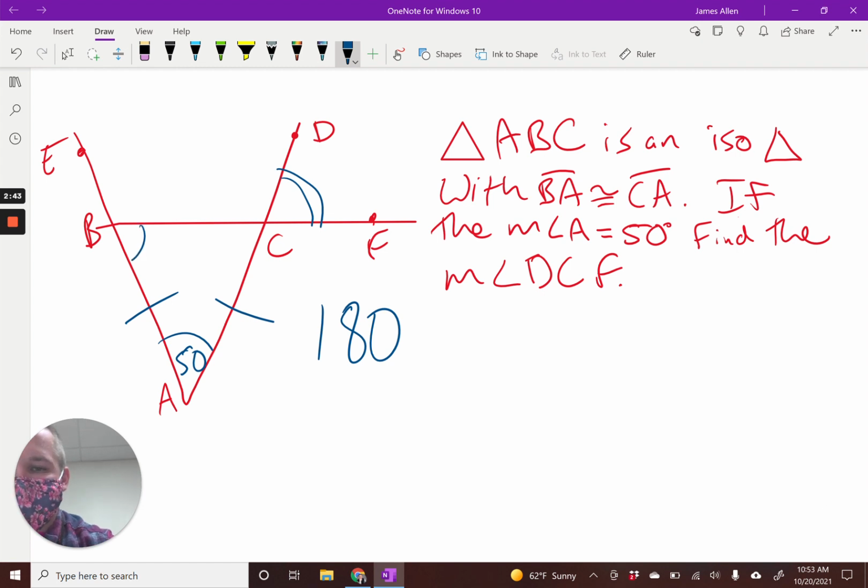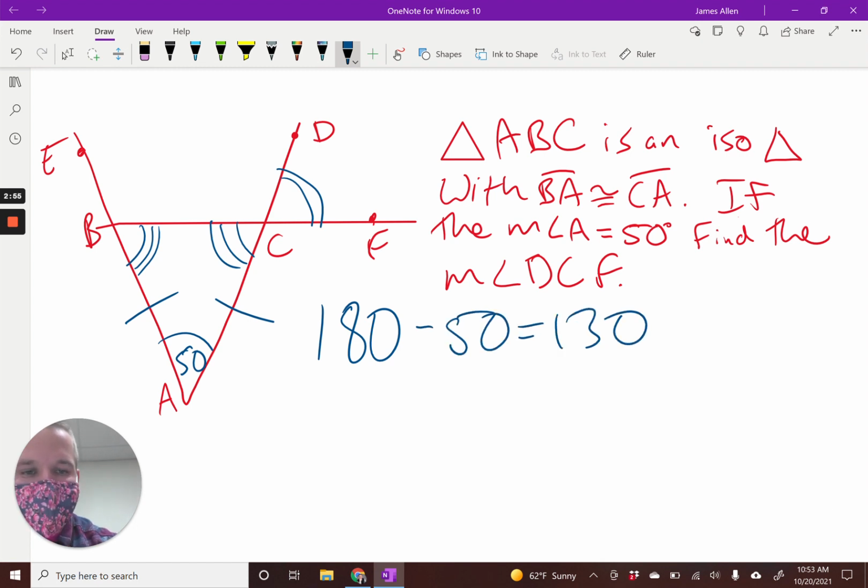The two legs are the congruent ones, so the two base angles are congruent as well. If I took 180 minus 50, that leaves me with 130, and I divide that by 2 because I want them to be congruent. I get 65 degrees for each one of these two angles.